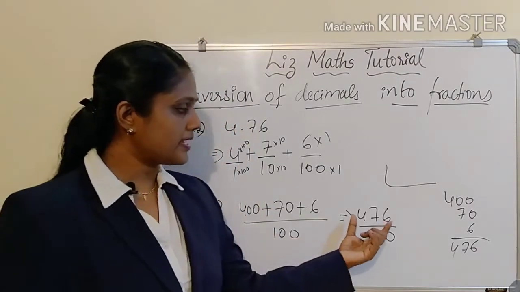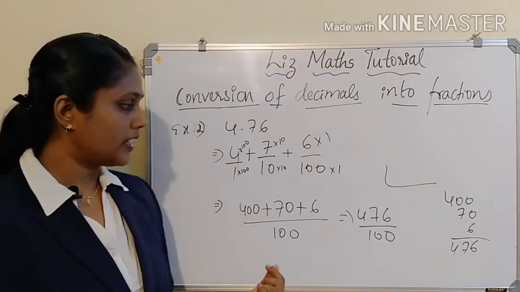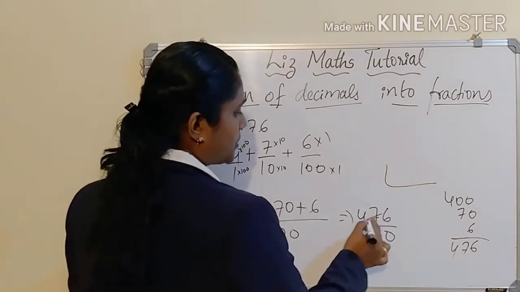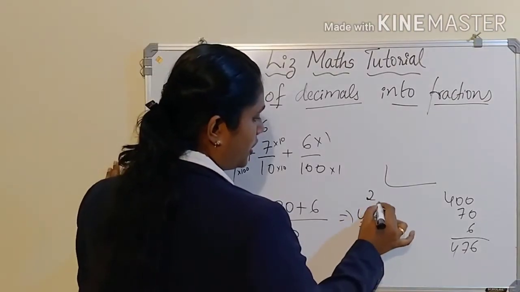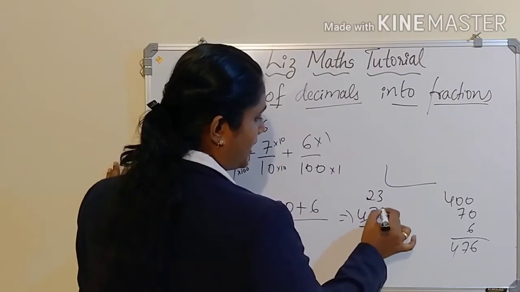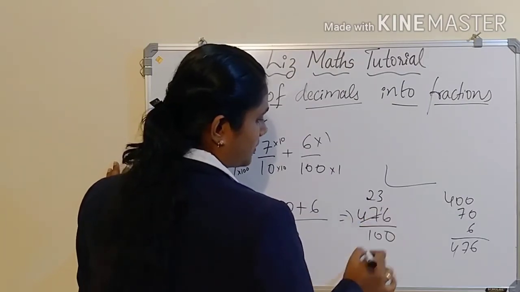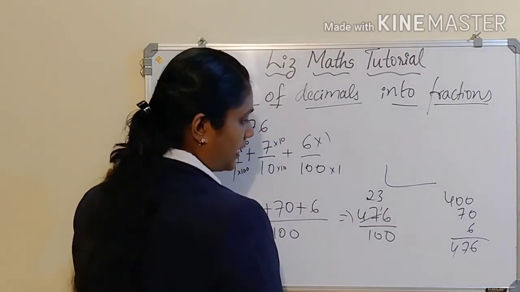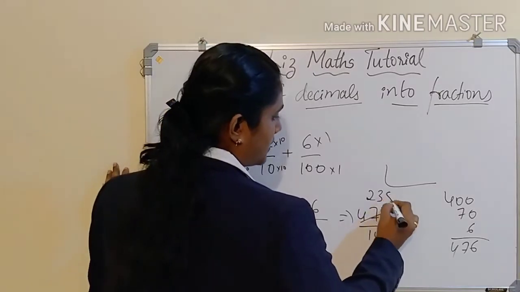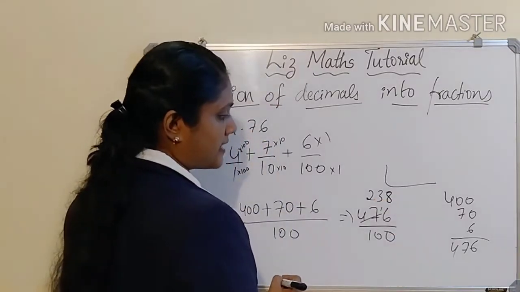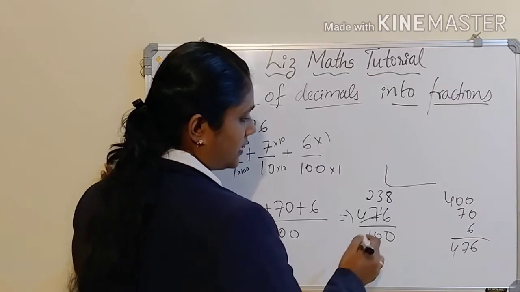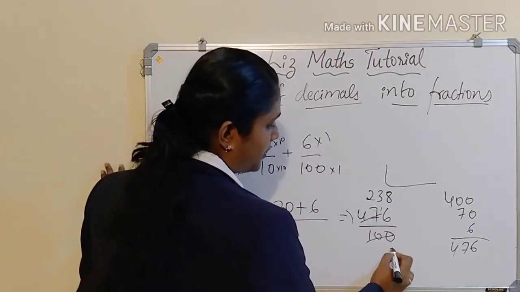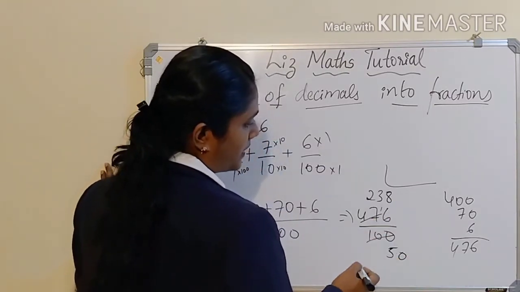Now go for simplification of this. Simplifying in table 2, you will get 2 2s are 4, 2 3s are 6, 1 remaining. 1 remaining, 2 9s are 18, 8s are 16. Next, 2 5s are 10, 0.